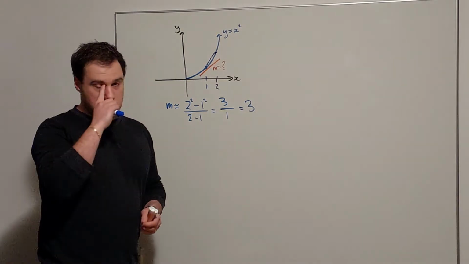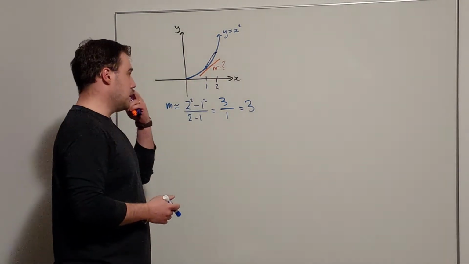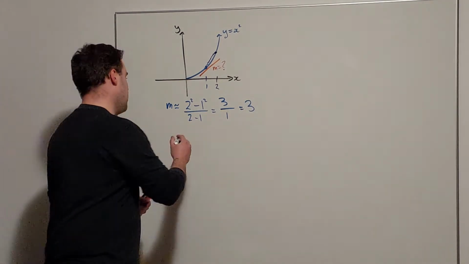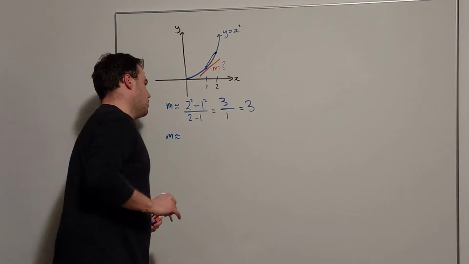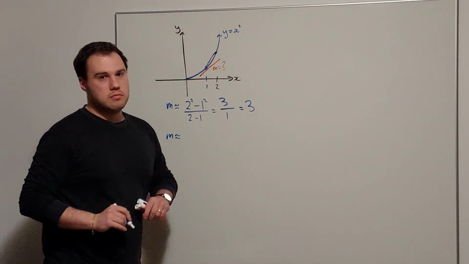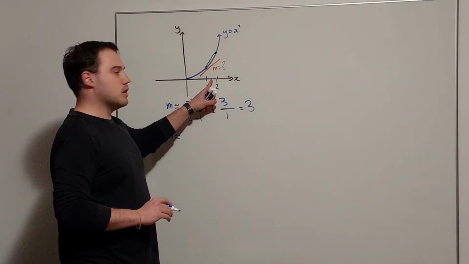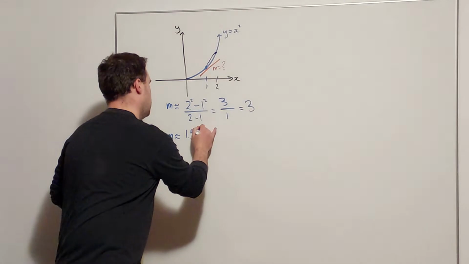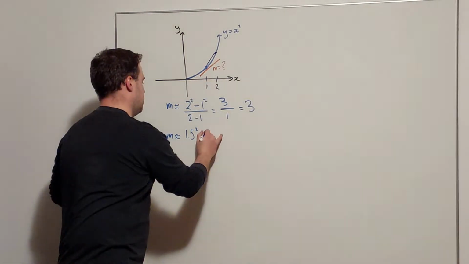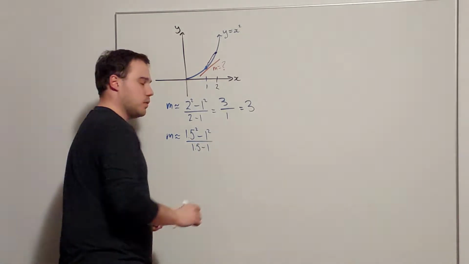All right, so what we could do to maybe improve our approximation is just pick another point which is a bit closer. So maybe let's say instead of putting 2 in, maybe we pick a point a bit closer to 1, say like bring it in halfway, 1.5. So what happens if we do 1.5 squared minus 1 squared on 1.5 minus 1, right?